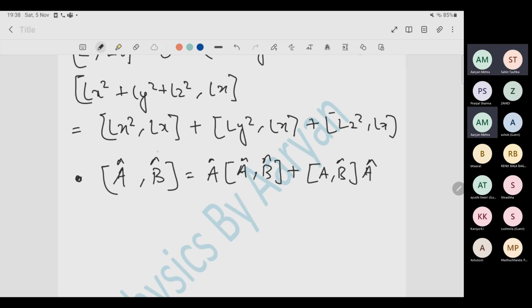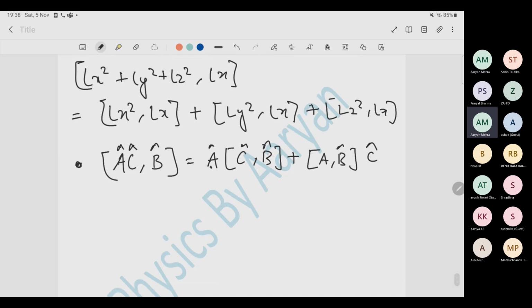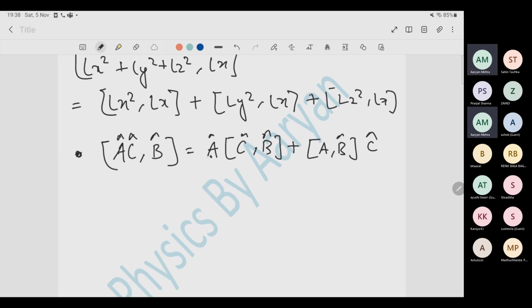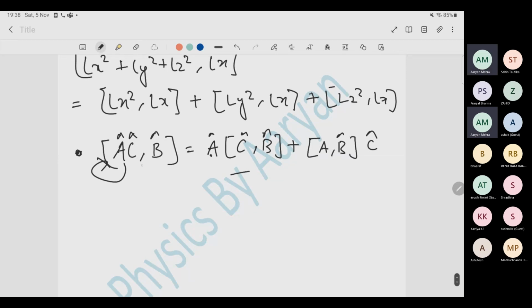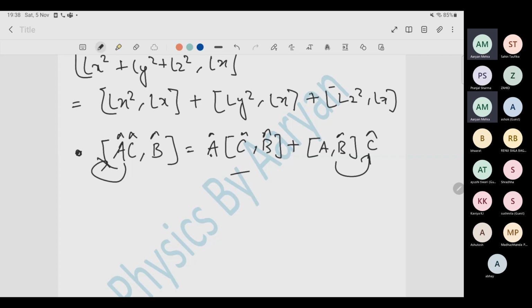No, no. Let's say it is A into B cap, with C. Whatever is on the left will remain on the left, and whatever is on the right will stay on the right. So A cap went on this side first, and then we did the computation between C and B. It is very important that you make sure whatever is on left stays left and whatever is on right stays right, because, as you know, sequence matters.